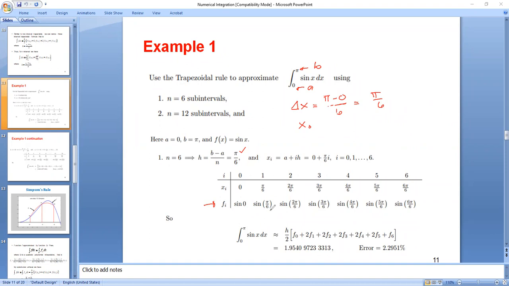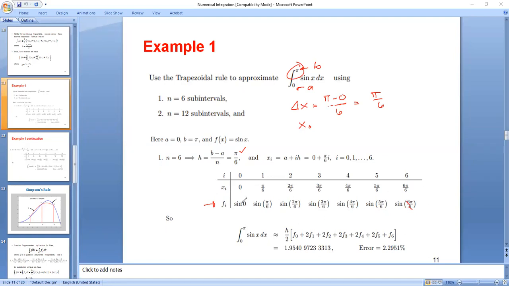Plus another pi over 6, that's 2 pi over 6. Plus another, 3 pi over 6. Then 4 pi over 6. Another one, 5 pi over 6. Plus 1 more, that would be 6 pi over 6, which is just pi. That's your upper limit already, so you end with the upper limit.